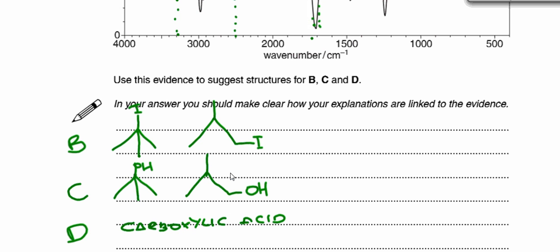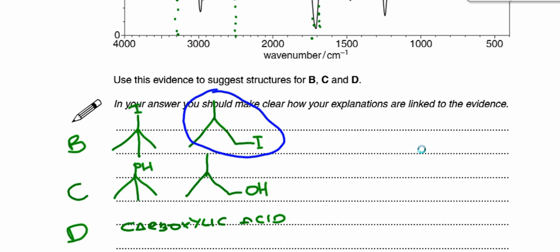So B, in fact, and these will be marking points now, B must be this isomer. C is definitely this one. So D must be the carboxylic acid of that alcohol.